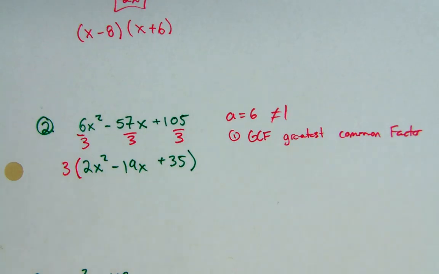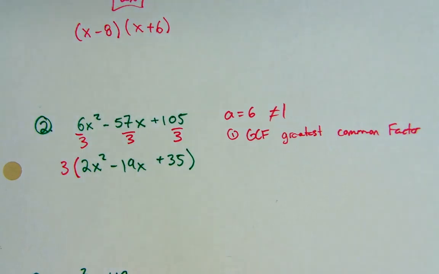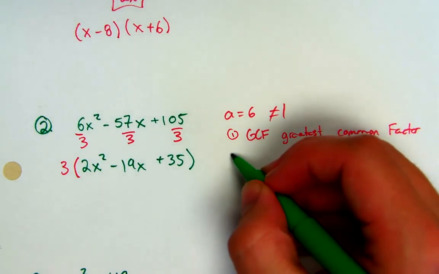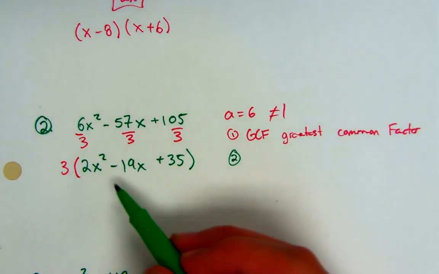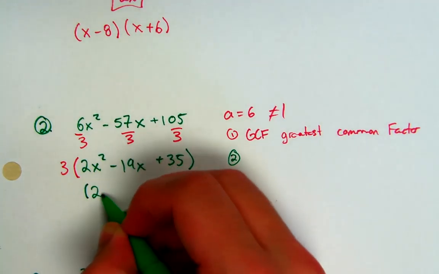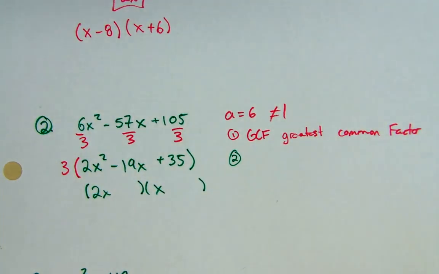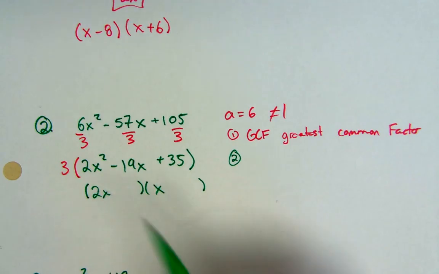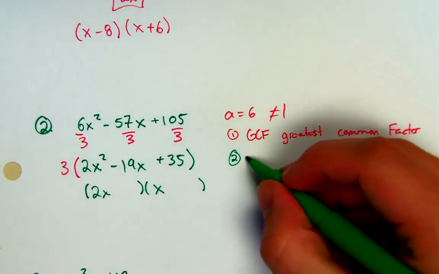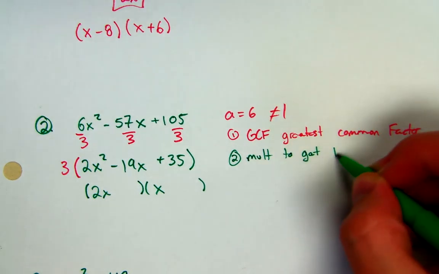Alright, so now we need to factor this. Well, I can't take 2 out, so a is still not 1. Well, that just means that you need 2 numbers to get to x squared. So think about 2x and x. And again, you can kind of switch that. So now you need to multiply to get the leading coefficient.